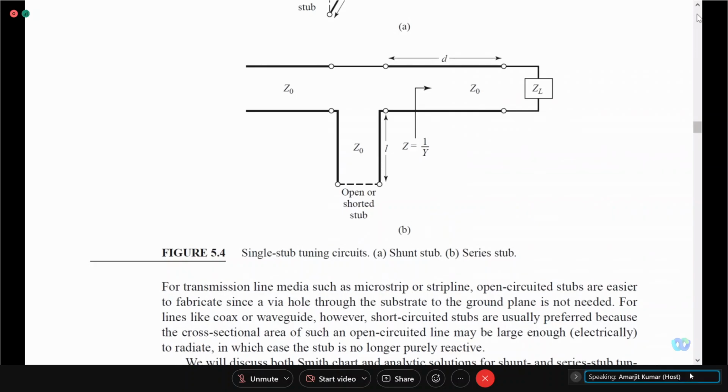It is connected in series with the feed line. The series stub is connected in series with the feed line at a distance d from the load. Okay. So now how to do the calculation for d and the length of a stub?